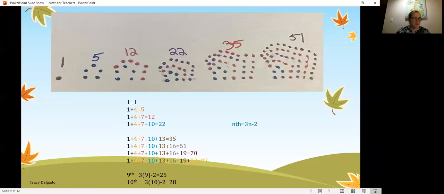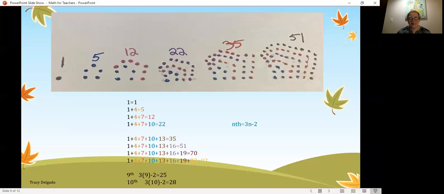And the next part we were to do is to show the formula to calculate the 9th and 10th, and then the nth terms. The nth term is 3n minus 2.